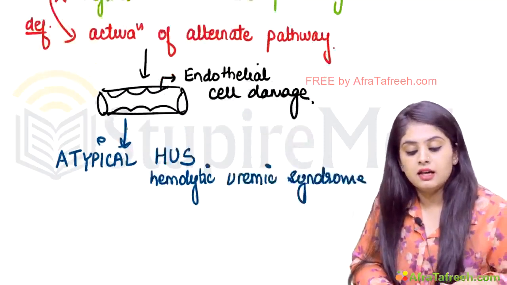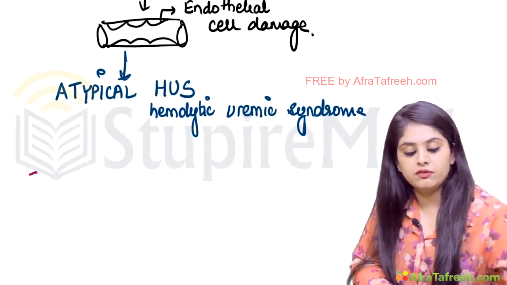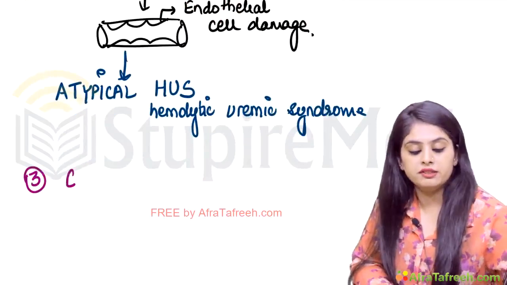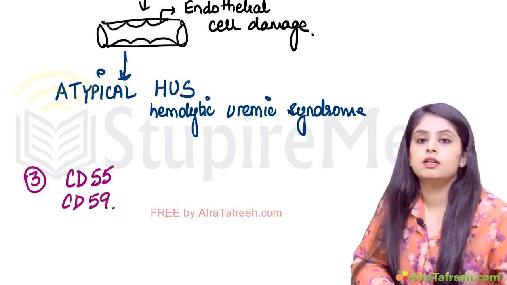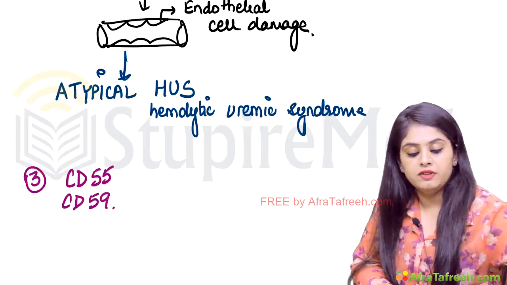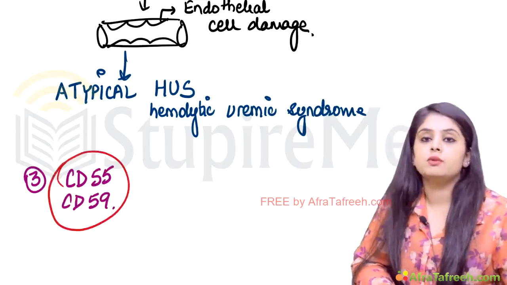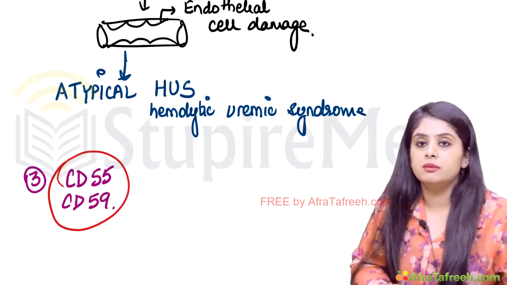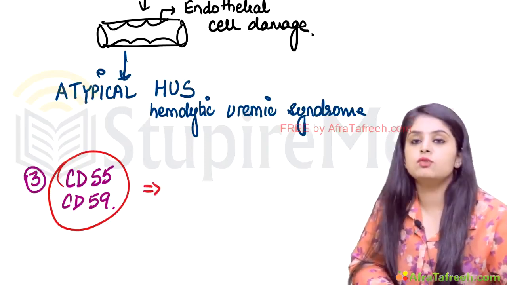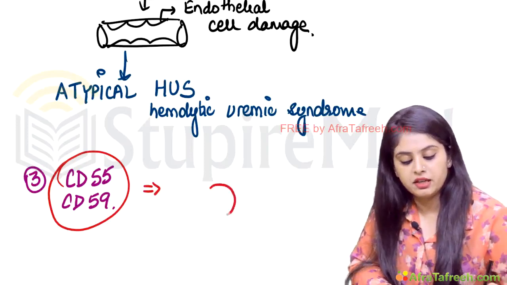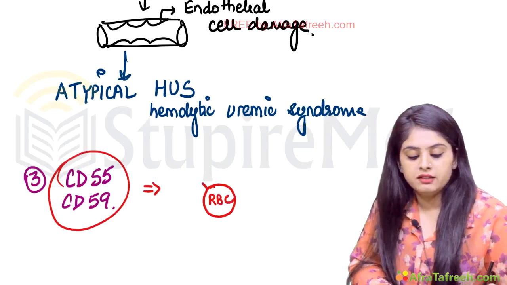The third and the last regulation that we need to know of involves two proteins, that is CD55 and CD59. These are the proteins that we will be dealing in great detail when we come to the chapter of red blood cells in hematology. But for the time being, you need to know that these two molecules, for example, if this is an RBC, this is where CD55 and CD59 are present.